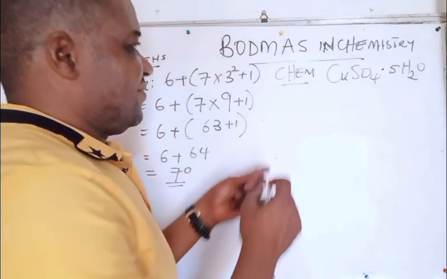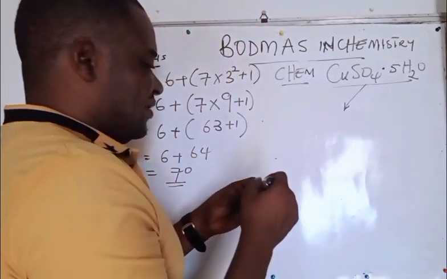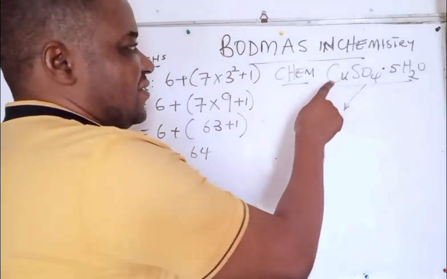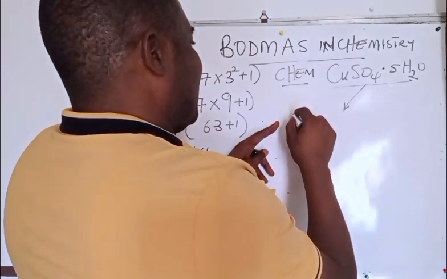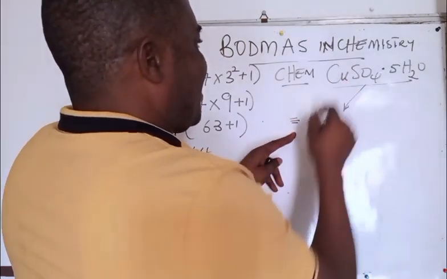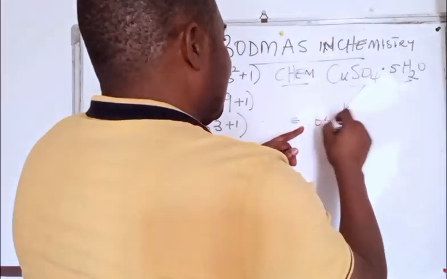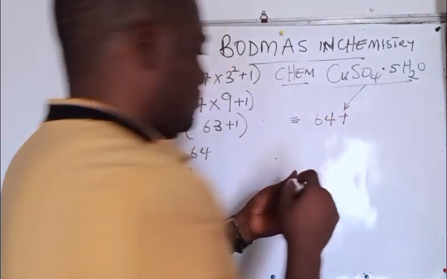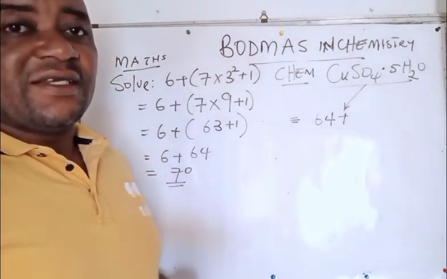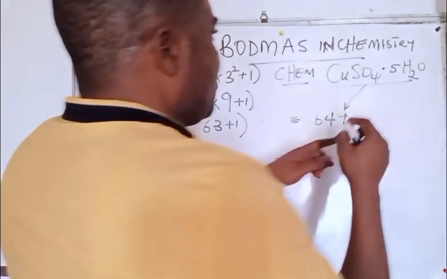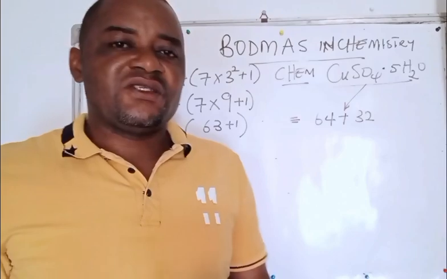Now let me show you something. We will look at the atomic masses of each of them. Copper has an atomic mass of 64, and its atomic number is 29. Plus sulfur. Sulfur has an atomic mass of 32, and its atomic number is 16.